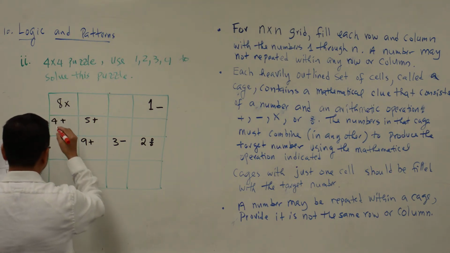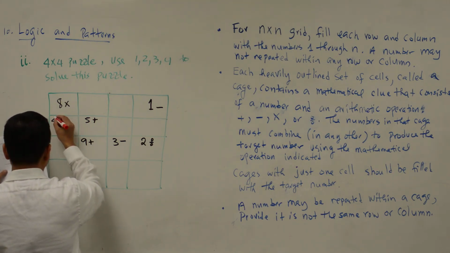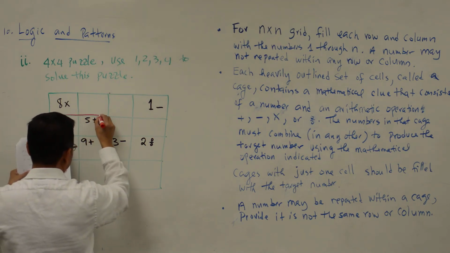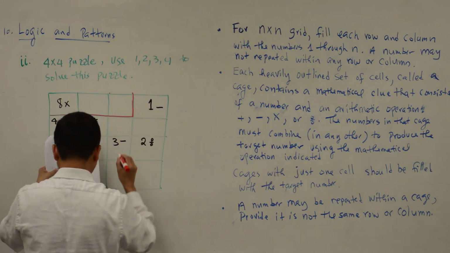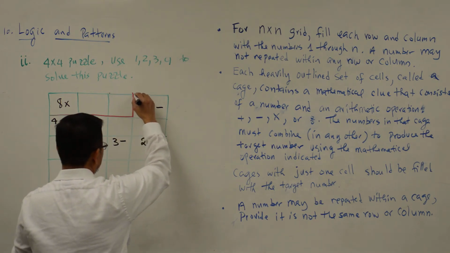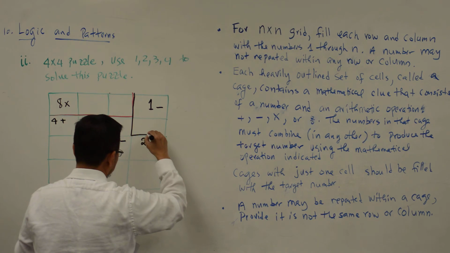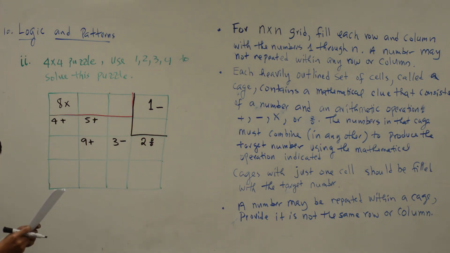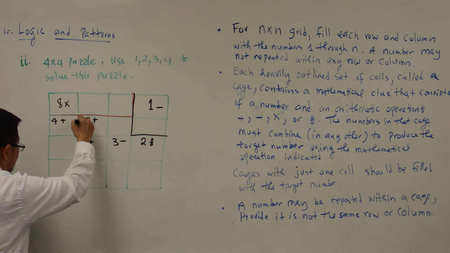So for 8, this is the whole thing here. 8 is from here to here. That's 8. For 1, it is from here to here. That gives you 1. Now 4 is from here to here.